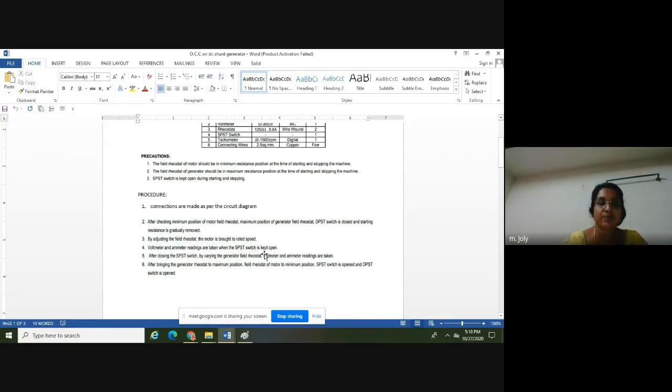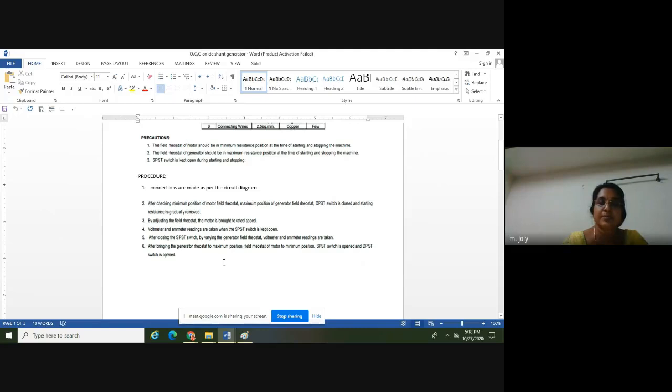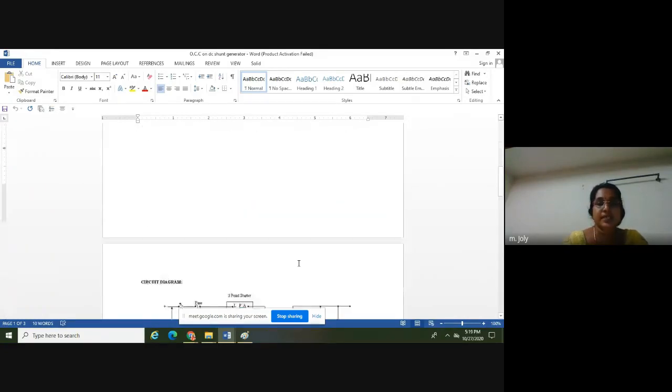Then the switch is opened, and after closing the SPST switch, by varying the generator field rheostat, voltmeter and ammeter readings are taken. This is the procedure in the machines lab. Then the generator is brought to maximum resistance position, the motor field rheostat to minimum resistance position, and the SPST switch is opened. Here is the circuit diagram.